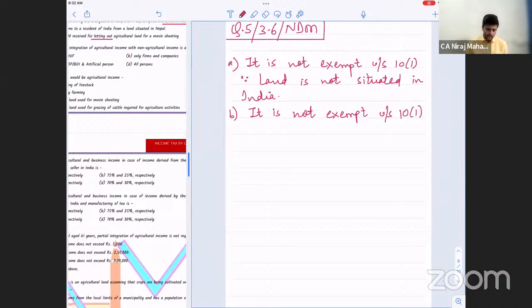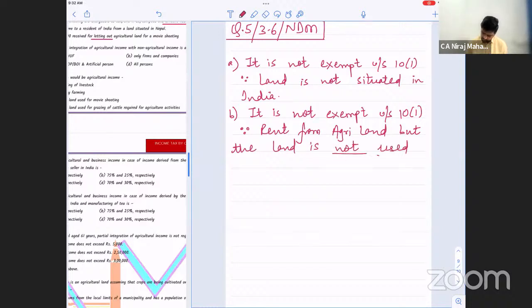It is not exempt under section 10(1) since, although it is rent from agri land, the land is not used for agricultural purposes. This is important. It will fall in the first category, rent from agricultural land, but it has to be in India and also used for agricultural purposes.